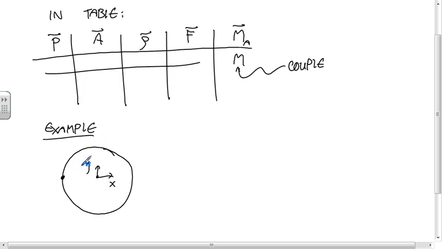Let's say that there's a force F1 over here. I gave a radius of 1 meter. There is a force F2 that's acting in a known direction where this angle is 30 degrees.